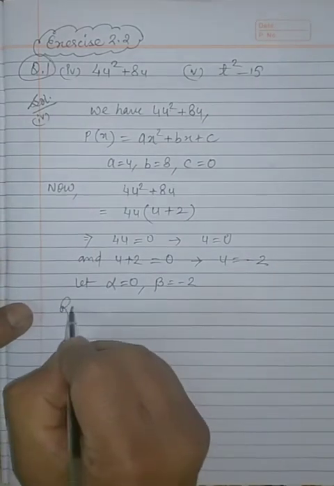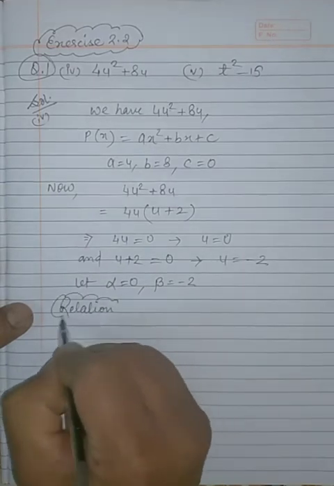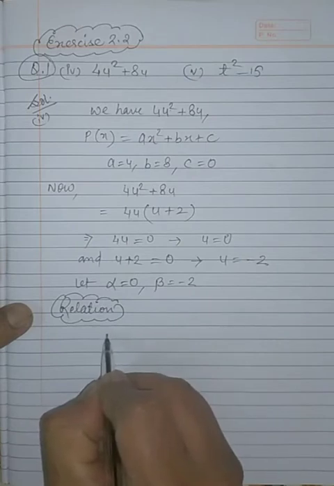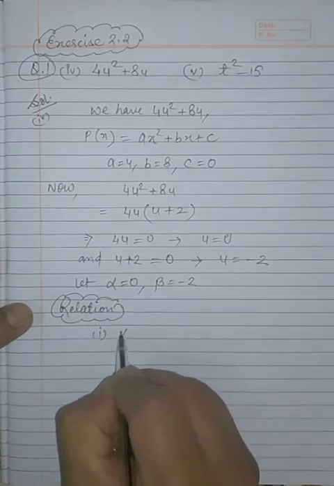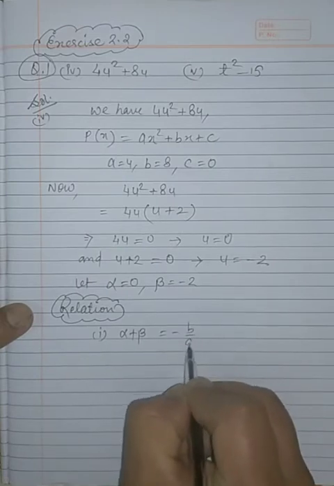Now we have to verify the relation. As we have seen, there are two relations. First is the sum of zeros, alpha plus beta, which is equal to minus b upon a.